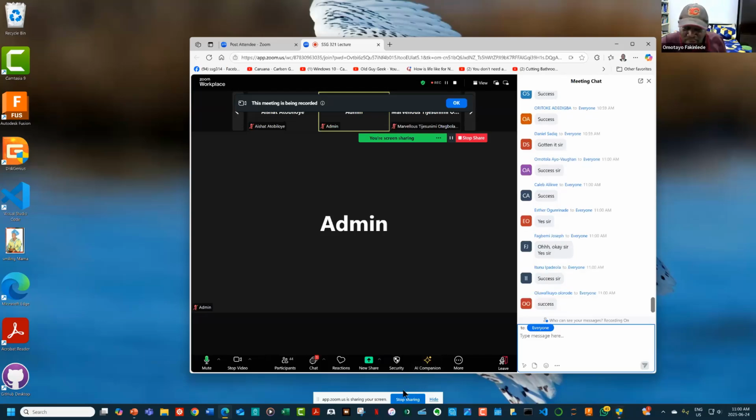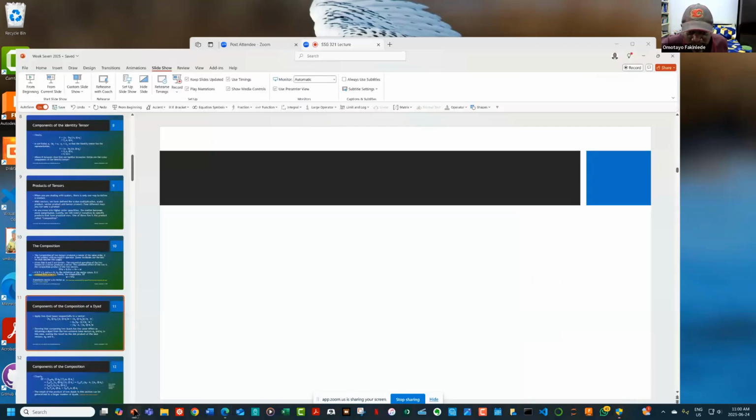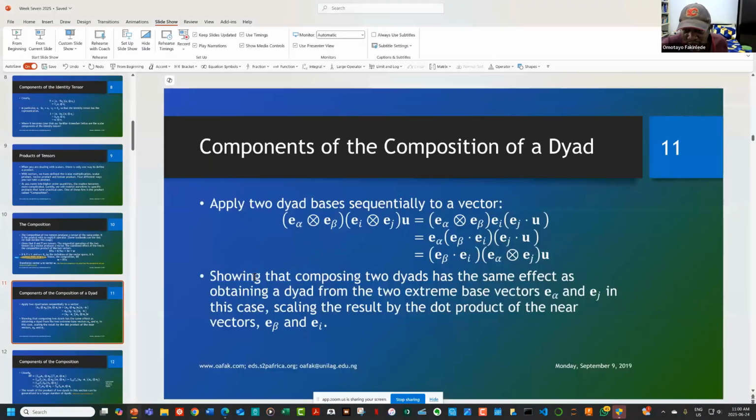So let me make the conclusion before I release us to go on break. Let me just go back again. It shows one result. If you want to compose two dyads, there is a trick. You don't need to work out all of these things. You just make a dyad out of the first vector and the last vector and do dot product on the ones in the middle.